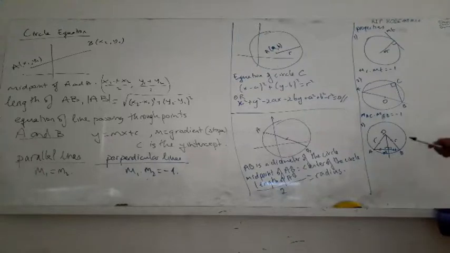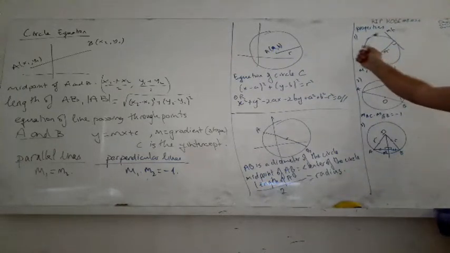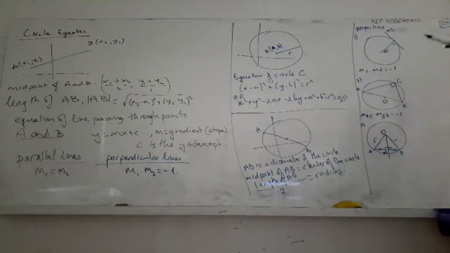So OM always divides AB into two equal parts, and also OM is perpendicular to AB. These are the properties that you need to know to be able to solve circle equation problems.